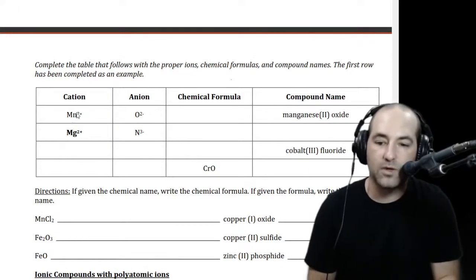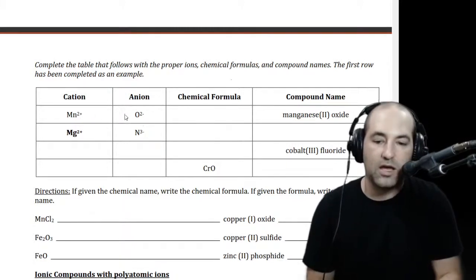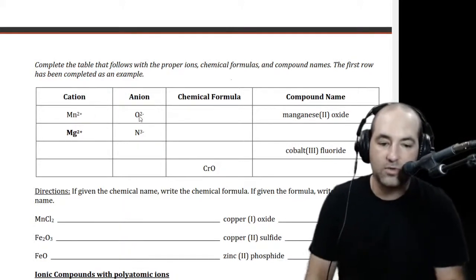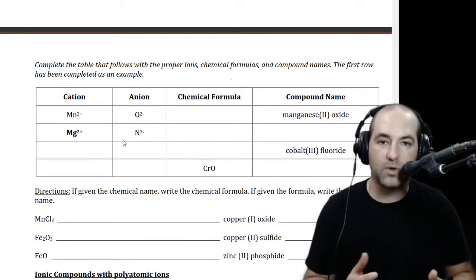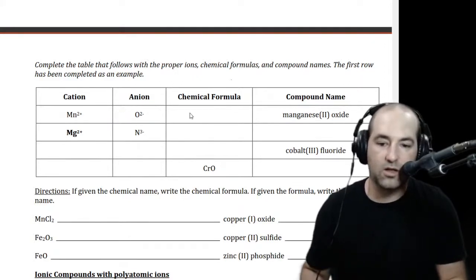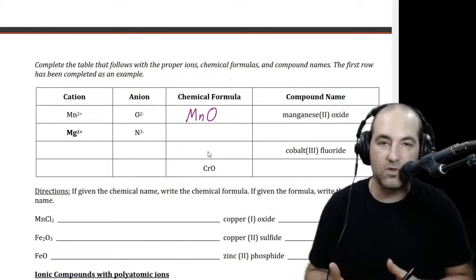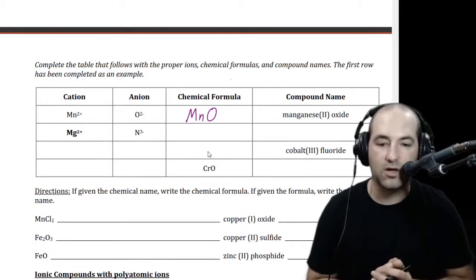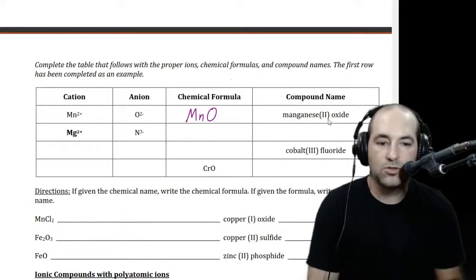Okay, so this first one is manganese, and it's a 2+ cation. If we want to pair that with oxide, which is a 2- anion, we know from last time that we need to adjust the ratios so that we have an overall neutral charge. That's going to look like MnO, because 2+ and 2- have the same charge, so we don't need to change the ratio at all. But then look at how it's named: manganese(II) oxide, with the 2 as a Roman numeral.